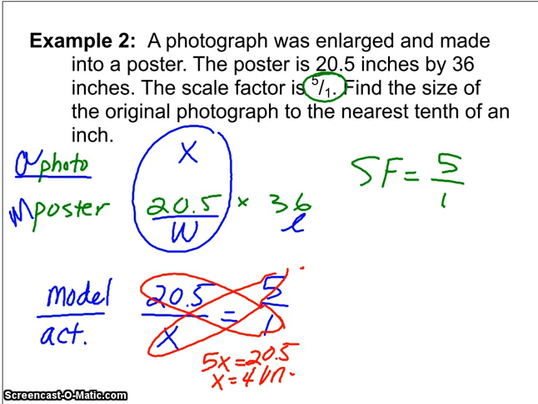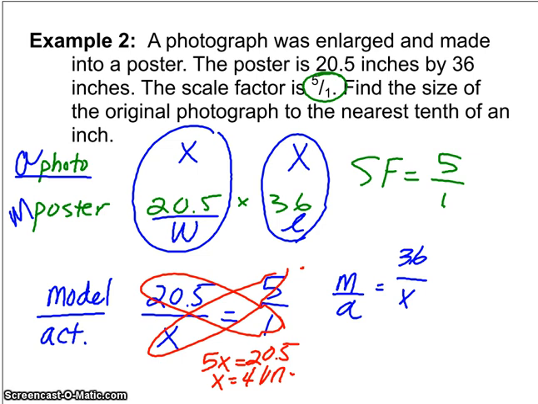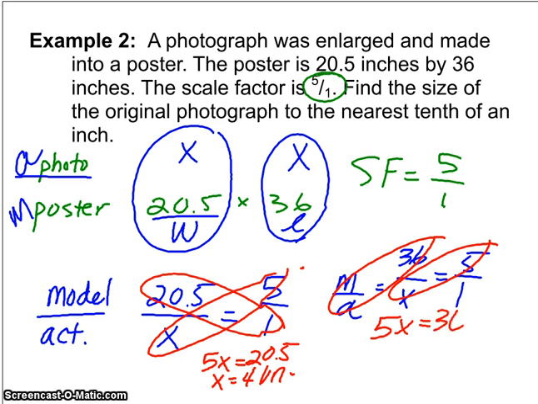Let's do the exact same thing for the length. Again, model over actual. The actual that we started with, we don't know the dimensions to that. When we were finished with our enlargement, we ended up with a poster which was 36 inches in length. Oh, I forgot that. Sorry. Gotta set my scale factor up. We cross multiply here. X times 5 is 5x. 1 times 36 is 36.